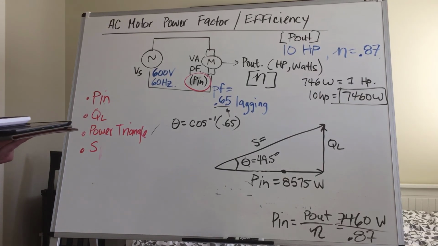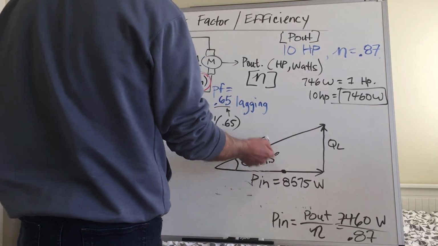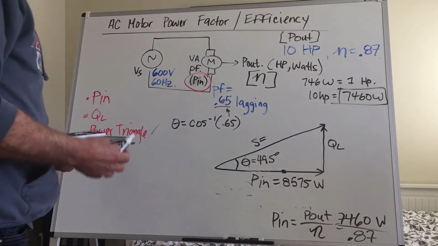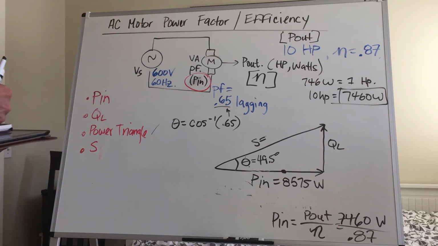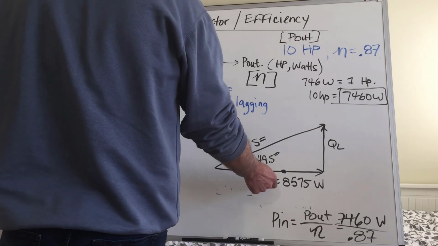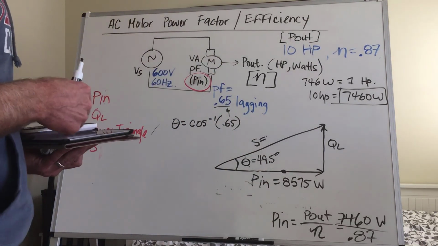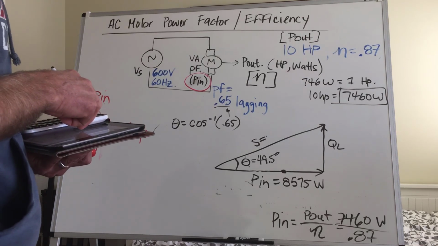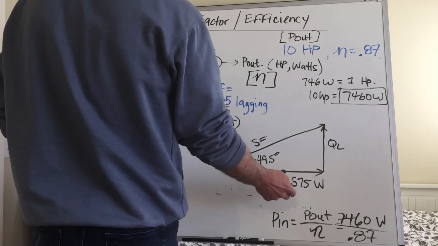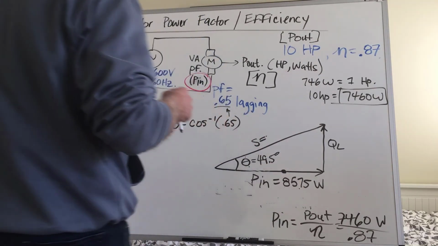There are a number of different ways we could come up with S. We could take our P in value and divide it by our 0.65 to get that, or we can take the power factor and the angle and come up with it. What I'll do is simply come up with that S value by dividing the watts by the power factor.